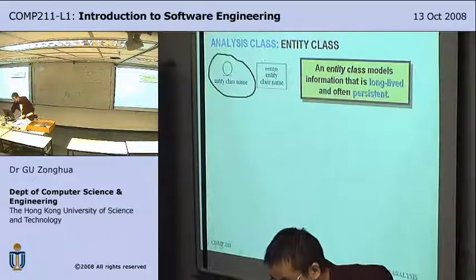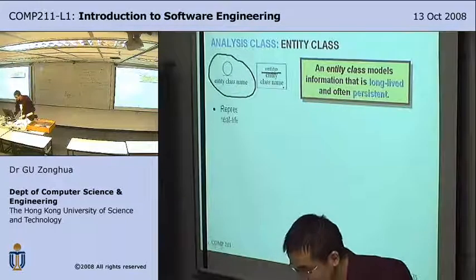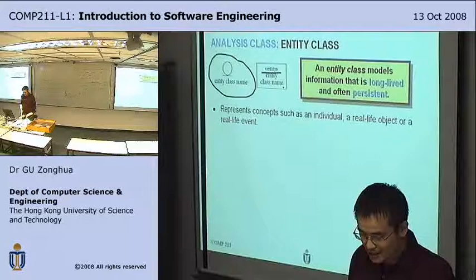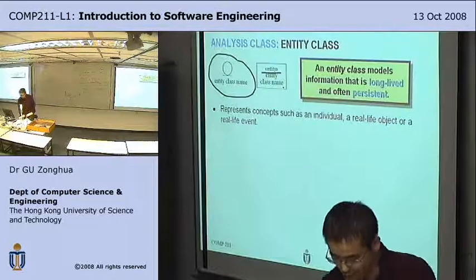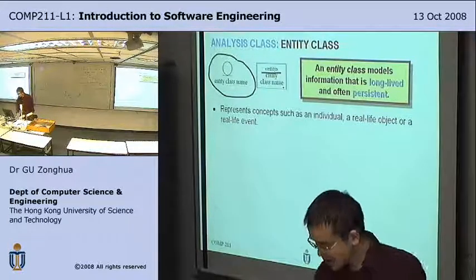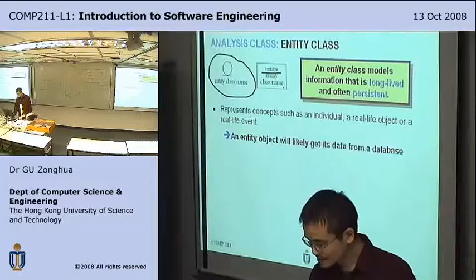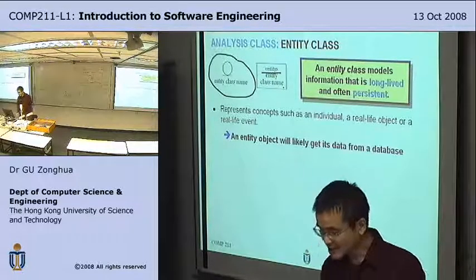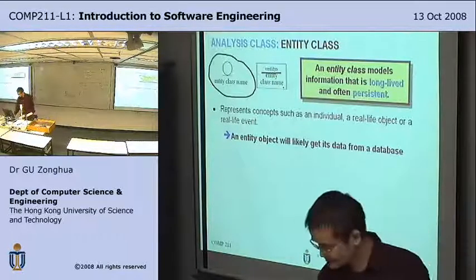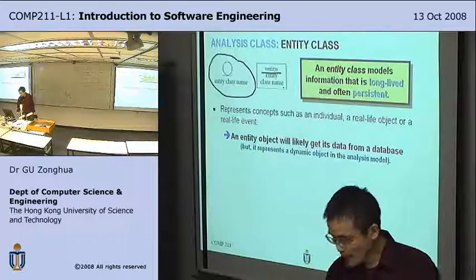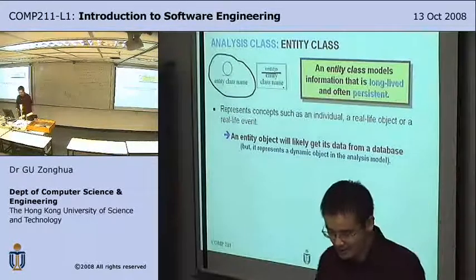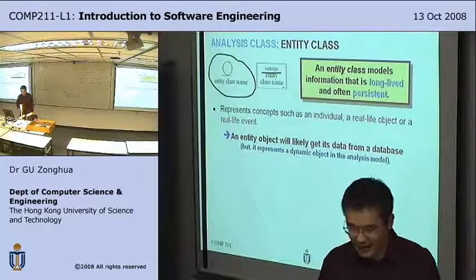Or you can have an entity stereotype, which represents objects, concepts like an individual real-life object or real-life event. So we'll likely get its data from a database, but it represents a dynamic object in the analysis model.